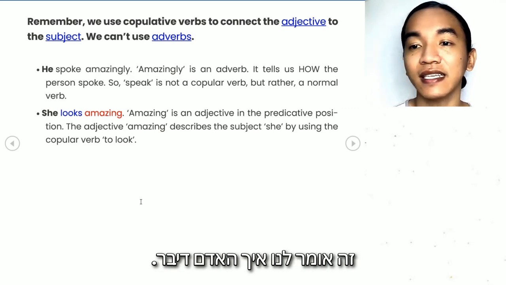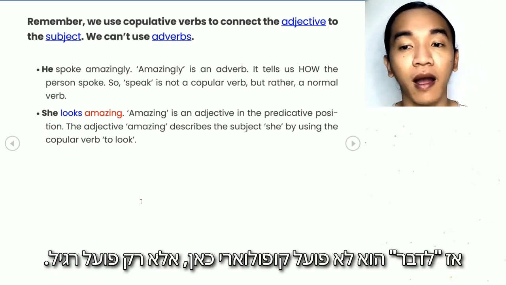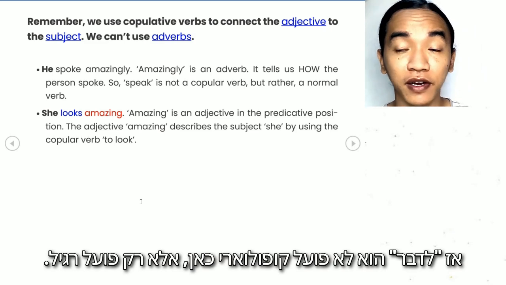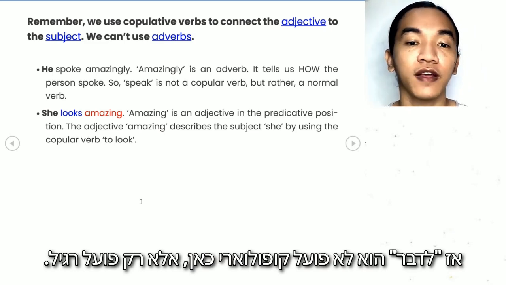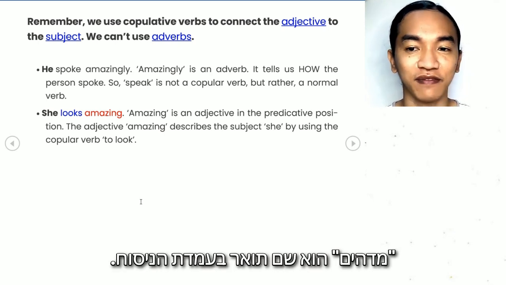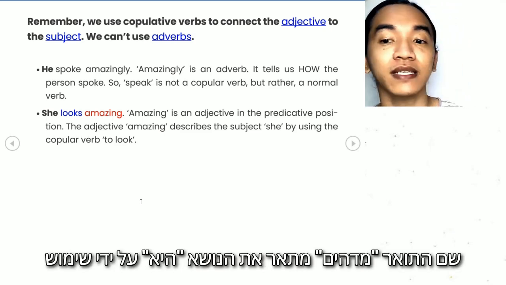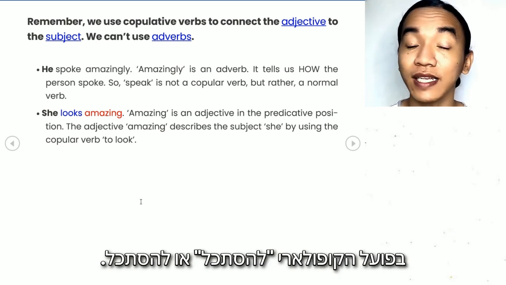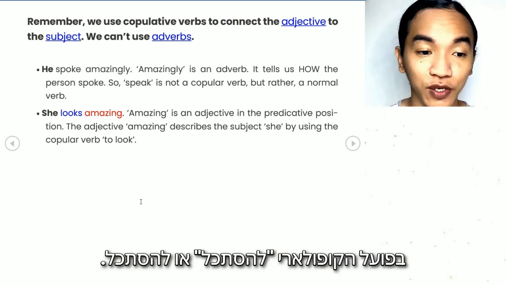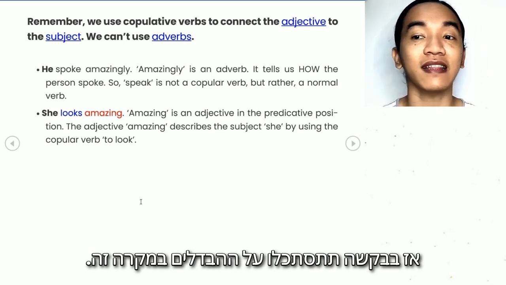It tells us how the person spoke. So speak is not a copular verb here, but rather just a normal verb. She looks amazing. Amazing is an adjective in the predicative position. The adjective amazing describes the subject, she, by using the copular verb to look. Okay, so please take a look at the differences in this case.